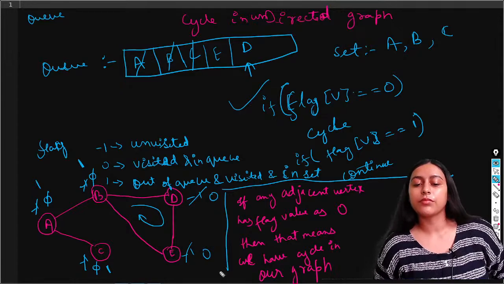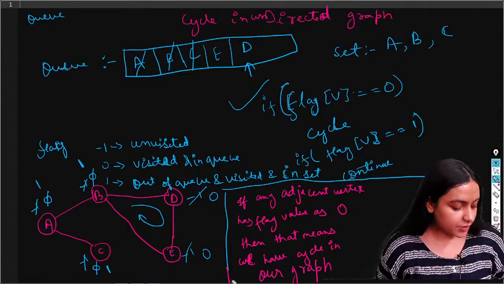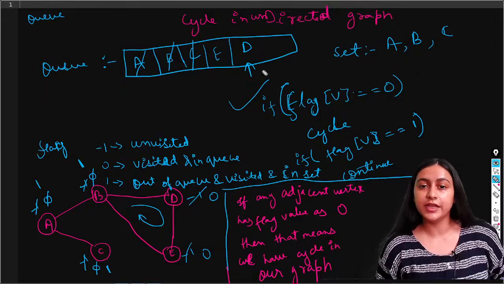Okay, I hope this condition is clear, how you can detect a cycle in an undirected graph.